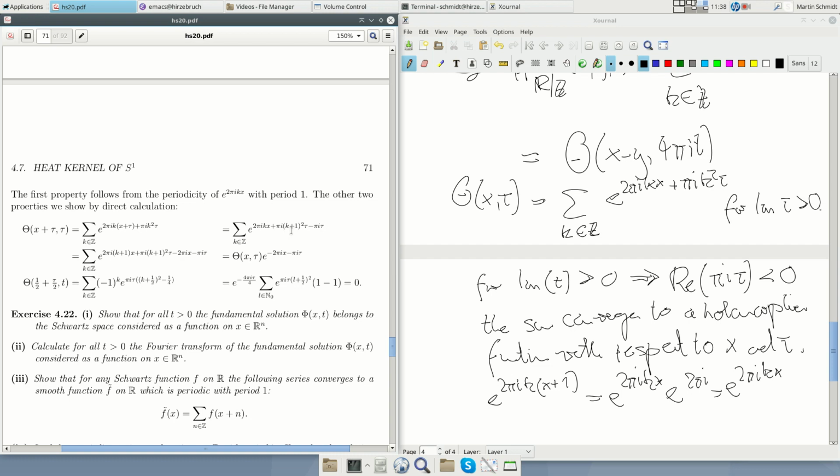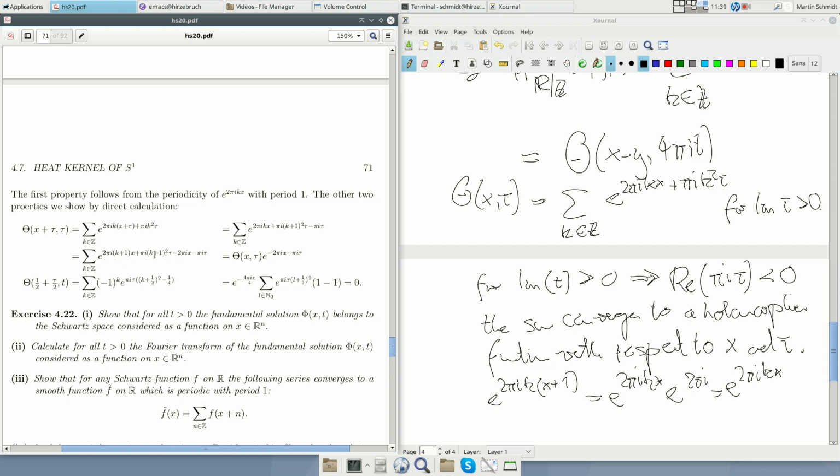So k squared plus 2k tau, 2πi k tau, then we get this term here. And here we subtract the term which we get by the 1. So this term indeed gives this term here and the k squared, and if we subtract this, then we get this. Okay, and now we may write this in this form.